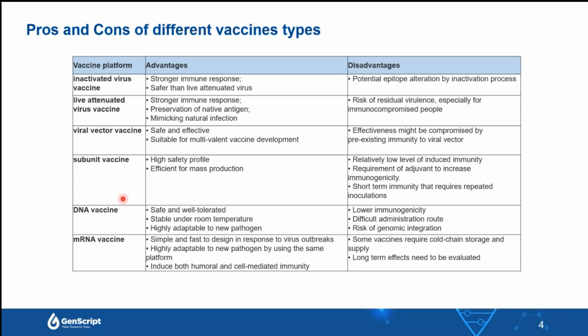And subunit vaccine is highly safe, but it needs adjuvants to increase the immunogenicity. And DNA vaccine is safe and well tolerated, stable at room temperature, and highly adaptable to new pathogens.